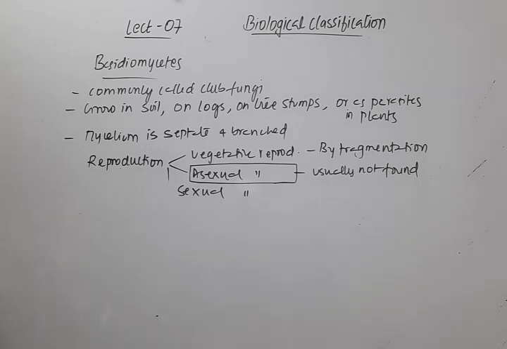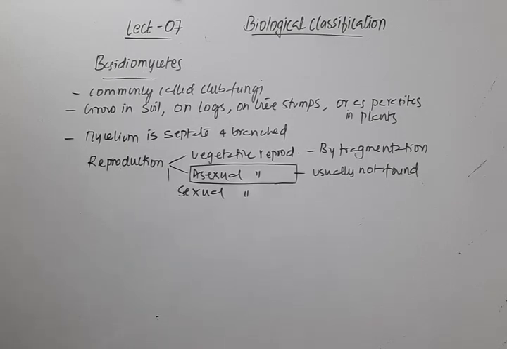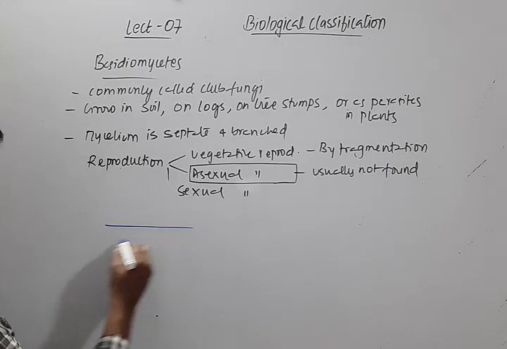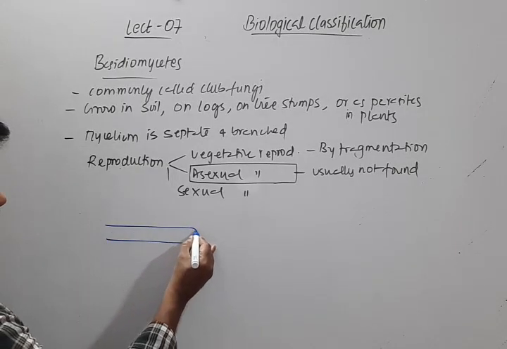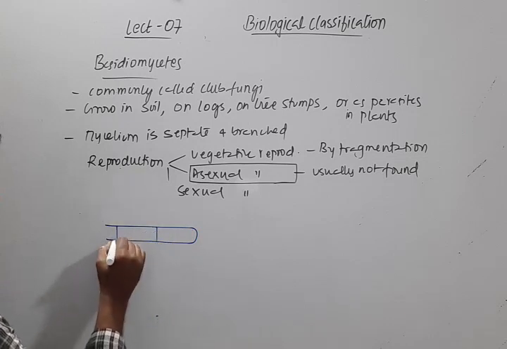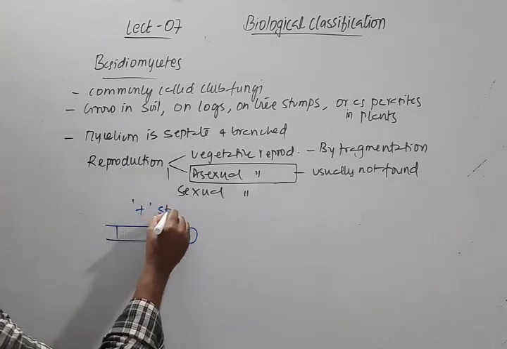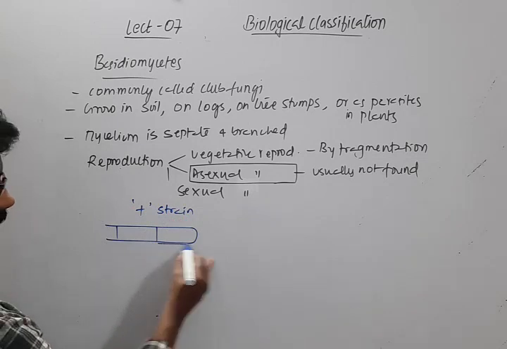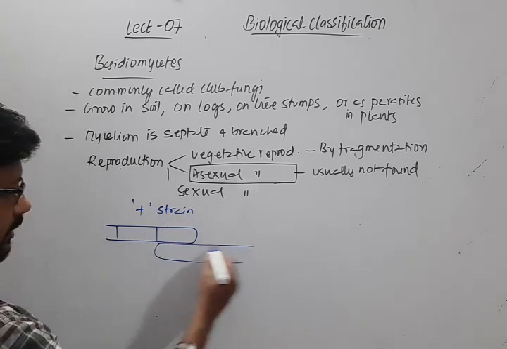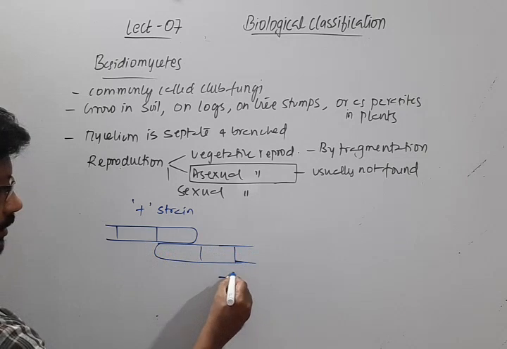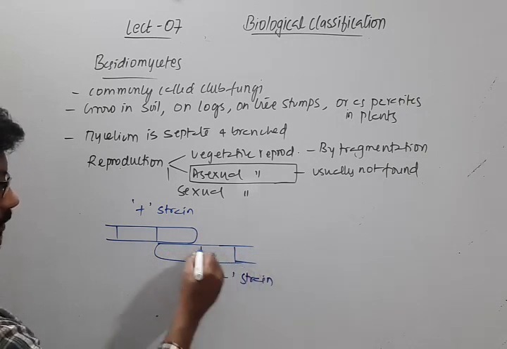That I will discuss in detail, which actually involves the fusion of two somatic cells, or two different strains or genotypes. Let's see how this takes place. Here we have two strains. Say this is a plus strain and this is another strain, the negative strain.